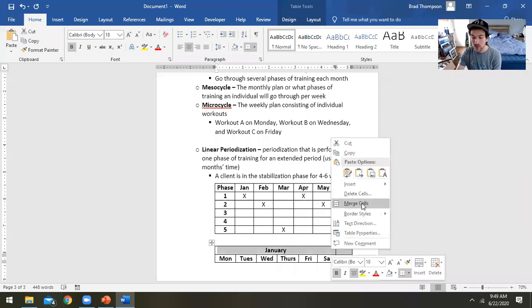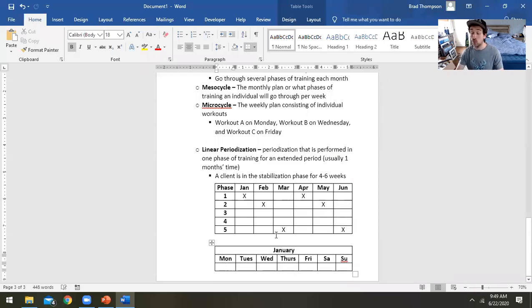So now, let's say I'm trying to figure out what workout they're going to do. This is January, so we know that we are in the stabilization phase because this is linear periodization, right? So what would happen is I would do workout A on Monday.